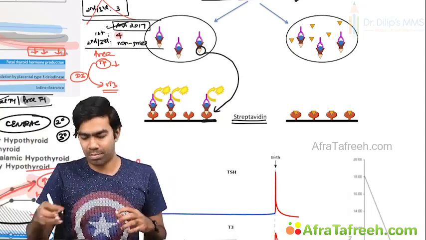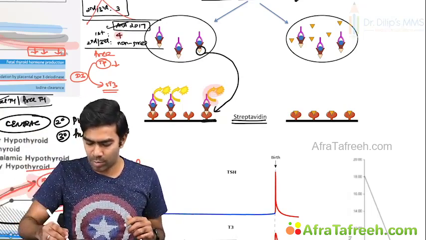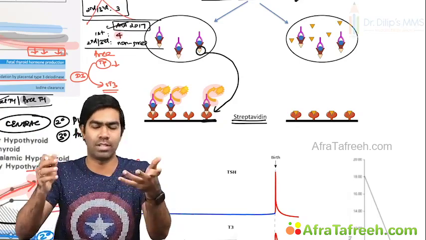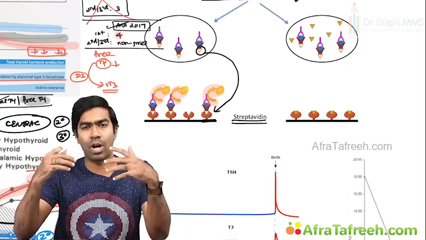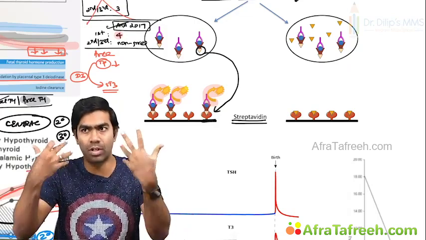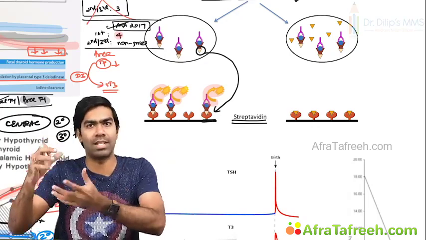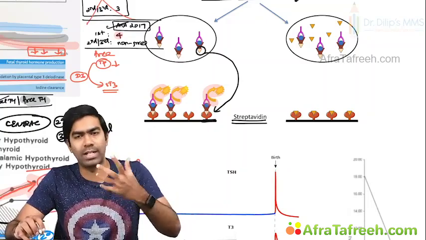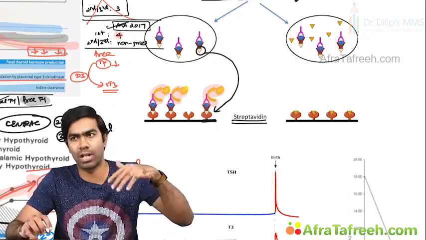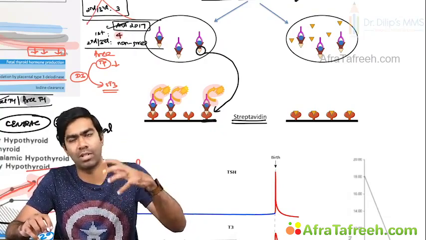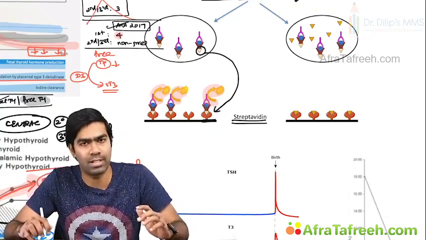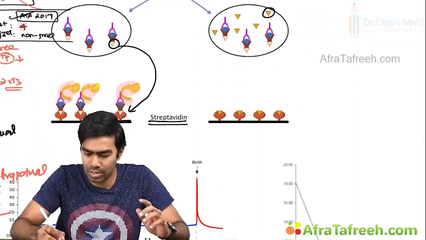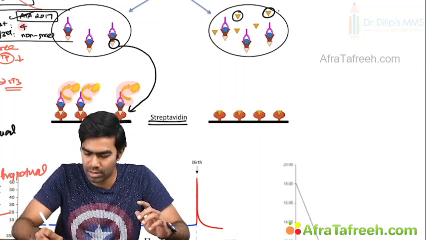Once this capture happens, only then will you get chemiluminescence, a change in the color or light fluorescence, and that is how it tells how much TSH is there, depending on how much luminescence is happening. So for that you need that capture, only then will the luminescence happen. So the amount of luminescence will tell the amount of capture, and similarly the amount of TSH as well. So let us see what happens if you are taking so much biotin. So this is a patient who's taking a lot of biotin.